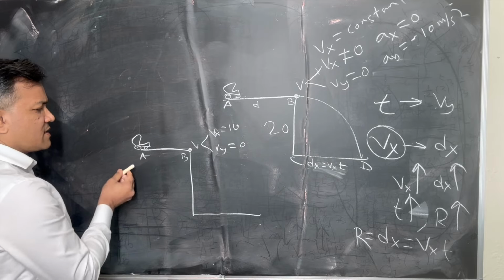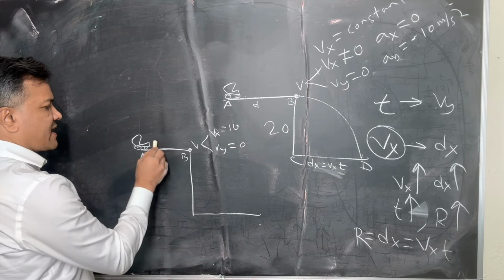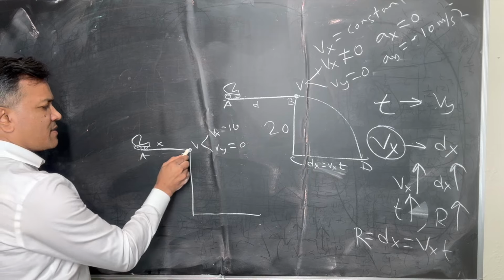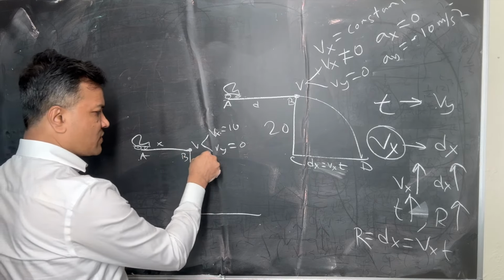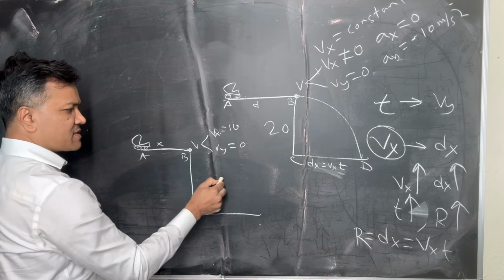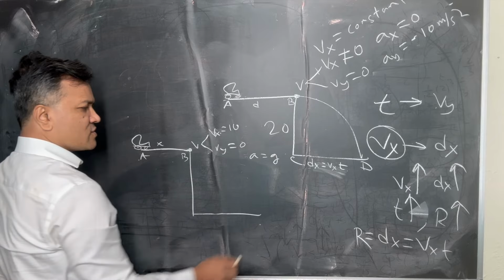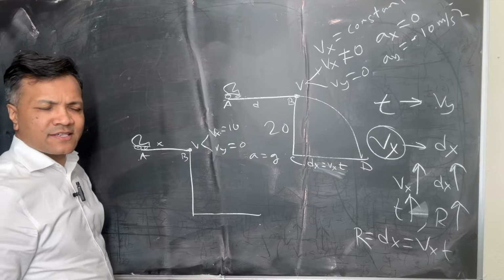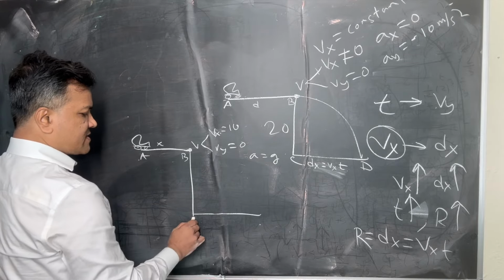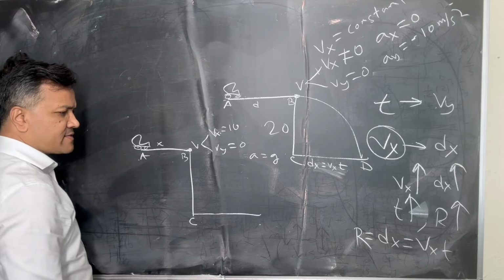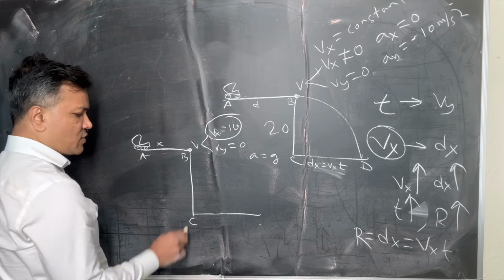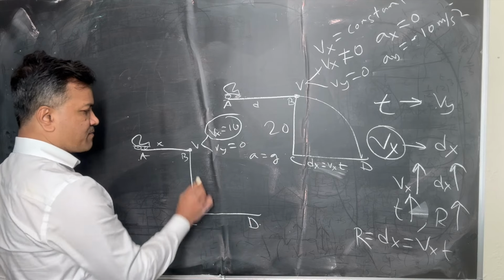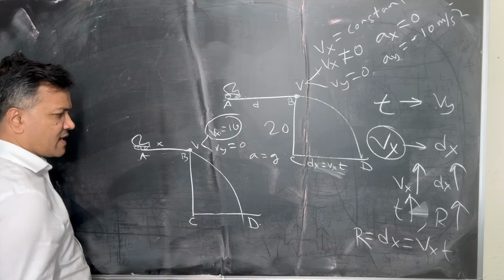When you're moving from A to B in the x direction, you have only velocity in the x direction, not the y direction. But as soon as you are off of the ground, acceleration is g, so you're going to accelerate toward location C, and since there is a Vx which is more than 0, you're not going to land at C, you're going to land at D. Okay, so that's the idea.